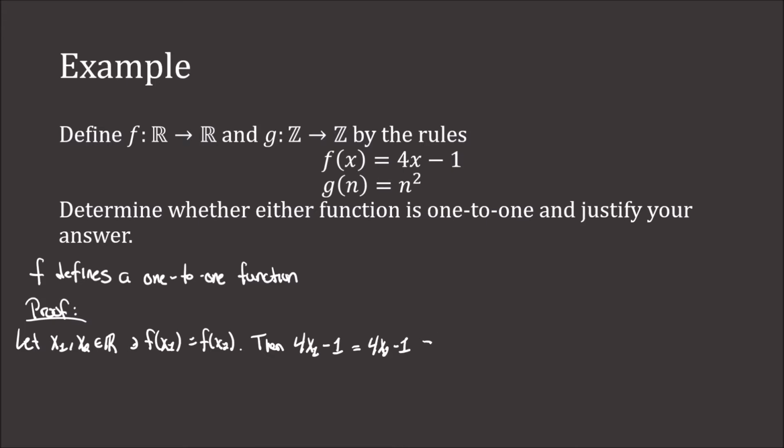If we add 1 to both sides, then 4x1 will equal 4x2. We can now divide both sides by 4, and we get x1 is equal to x2. That's what we wanted. So we can conclude that f is one-to-one.